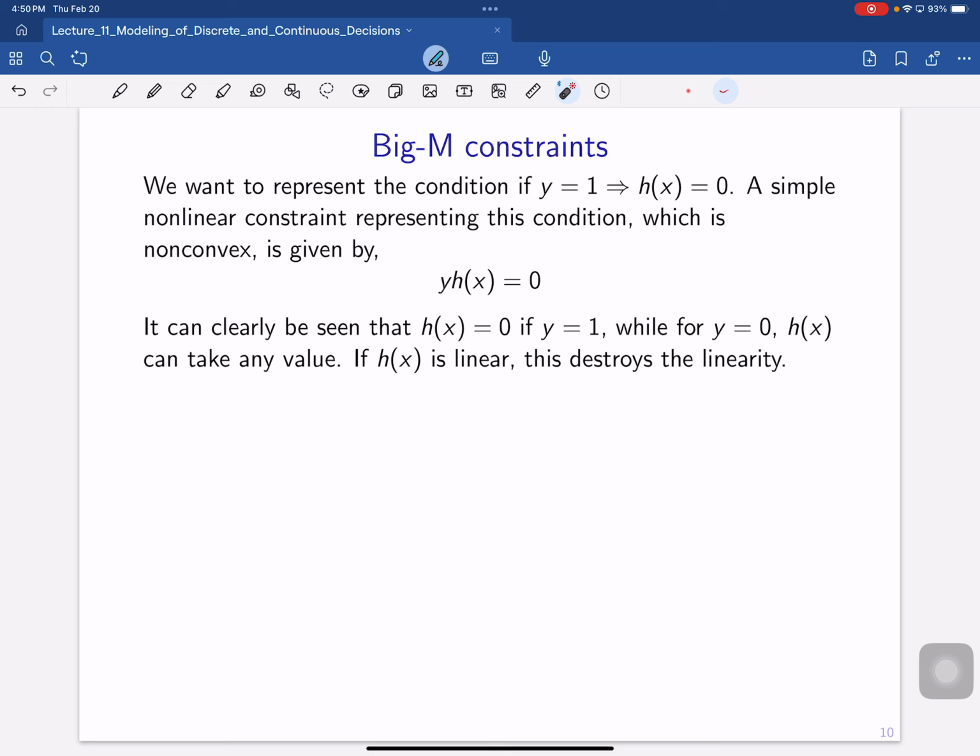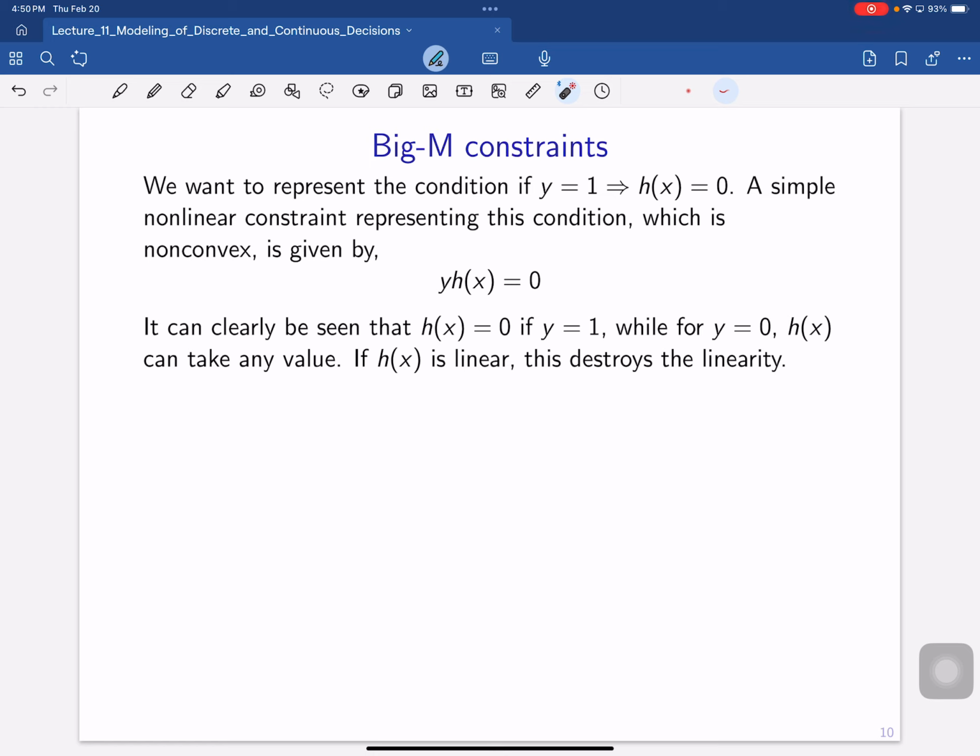If you are installing a reactor, then you need to enforce mass and energy balance on that reactor, or some kinetics. Those equations can be represented using h of x equals 0, since usually the mass flows are continuous variables. Okay, so that's a simple example of why we need to do that.